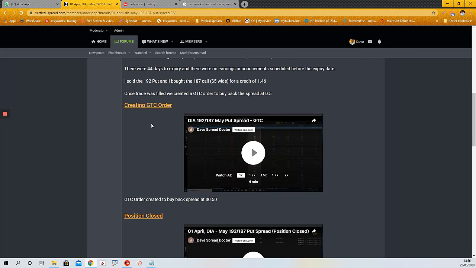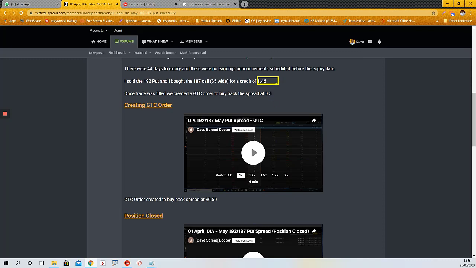Now, there are many traders who trade credit spreads and they put on the trade and wait until the expiry week before they start thinking of closing the position, or they really haven't got an idea of where they're going to get out, or they want to hold it until the option expires so they can keep the entire credit of $1.46. But I tend not to be too greedy, if that's the right phrase for it.